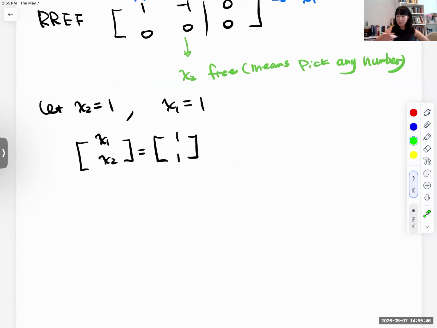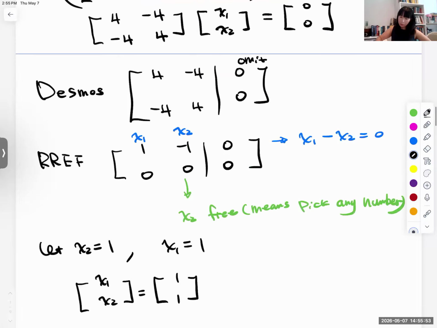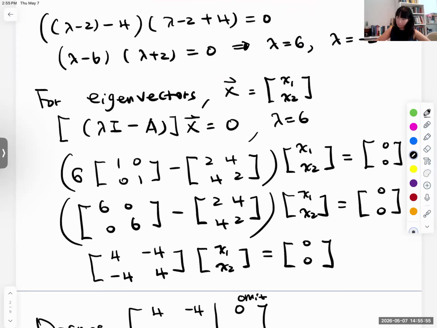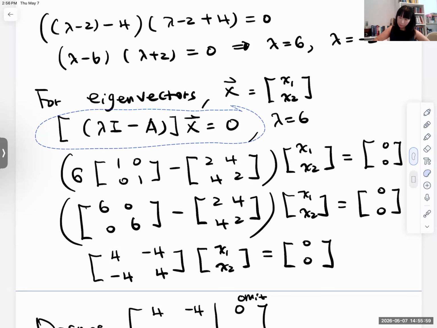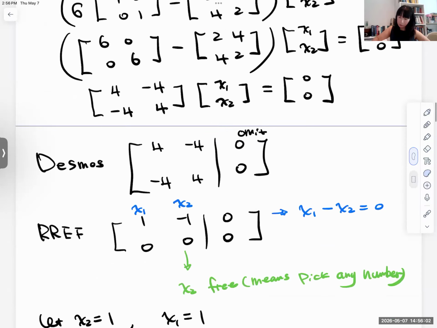So we do the same process for lambda equal to negative 2. So we have this form.